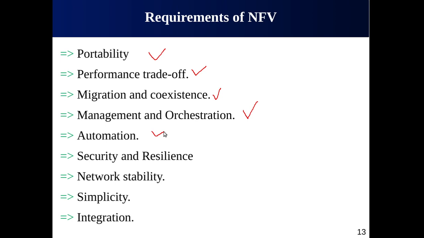NFV will scale. With the passage of time, requirements change, so we have to scale the NFV. So it means that the functions can be automated, and this automation is going to be a step toward the success of NFV deployment, if the functions are able to adjust themselves automatically to the changing environments.